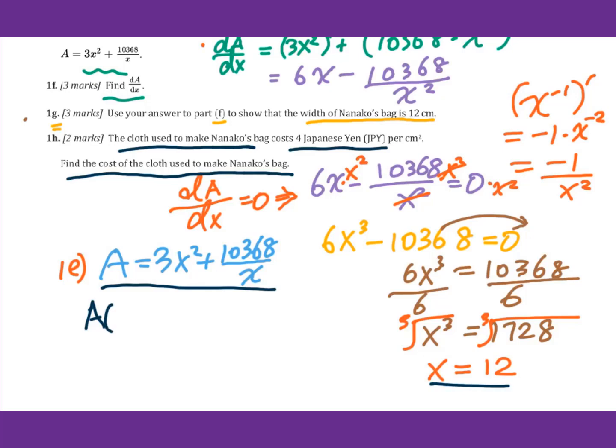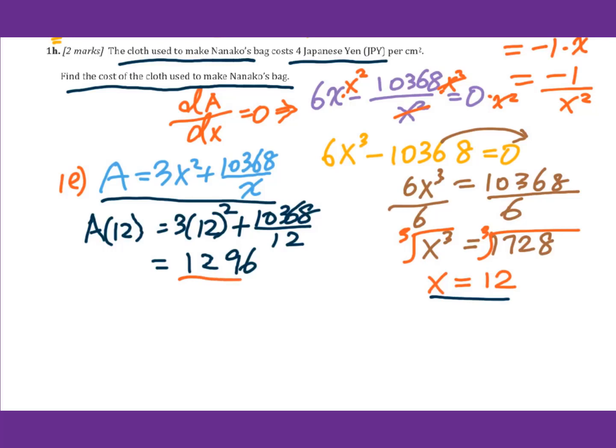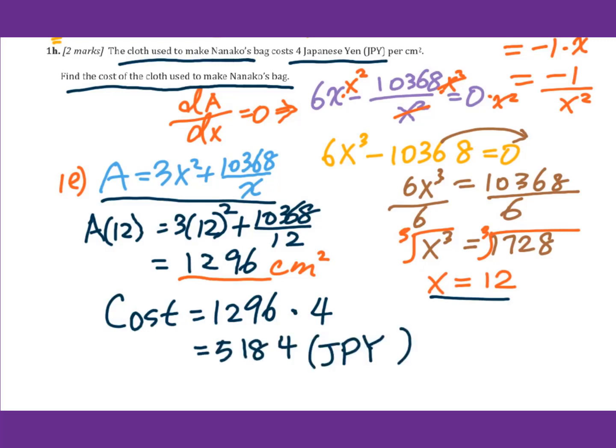So we get the area of 12 equals 3 times 12 squared plus 10368 over 12 equals. We got 1296 centimeters square. Then the cost equals this area, 1296 times 4 equals. The answer will be 5184 Japanese yuan.